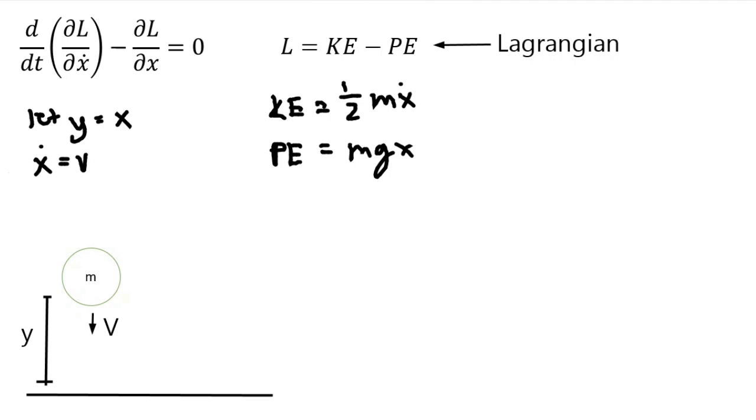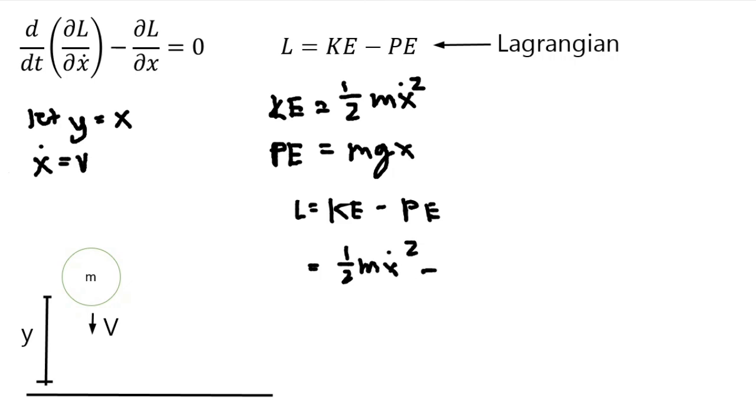because the derivative of position with respect to time is dx over dt, and that is another way of representing the derivative. So it's going to be x dot. Now we know the kinetic energy and the potential energy here. It's going to be 1/2 m v squared, and the potential energy is mg times x.